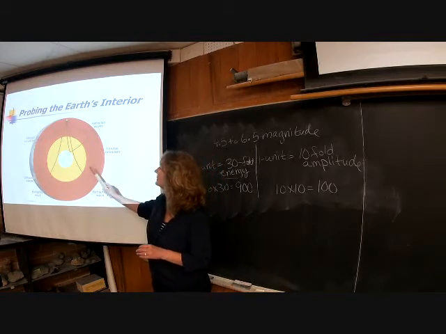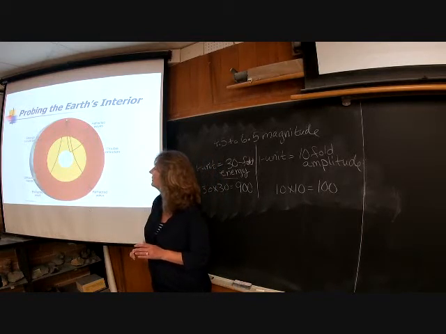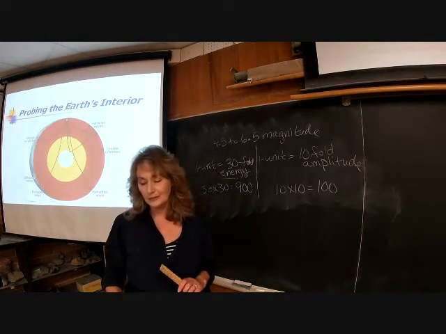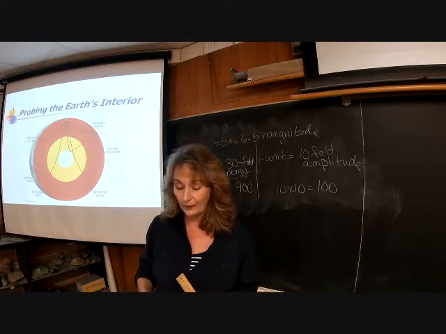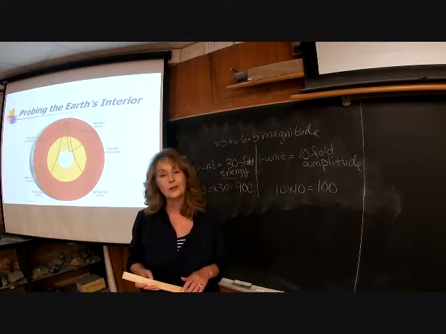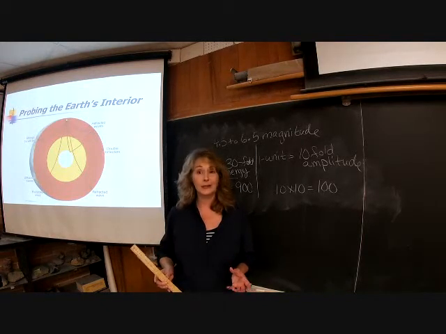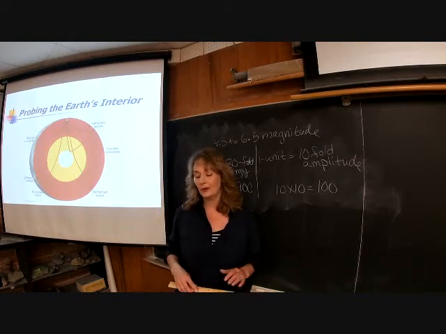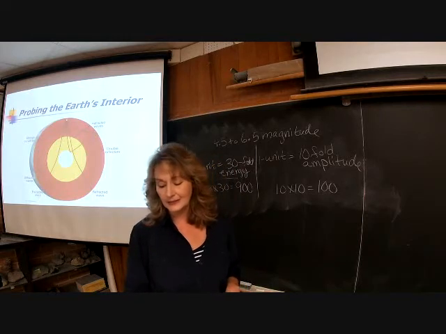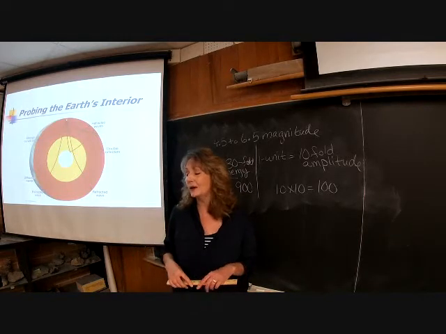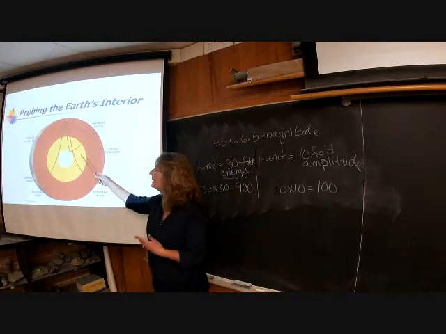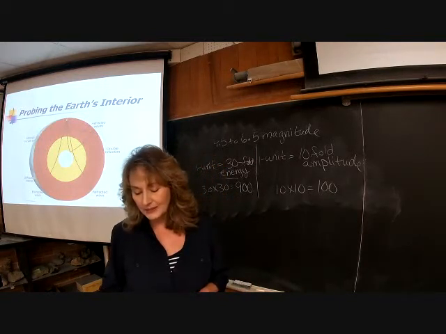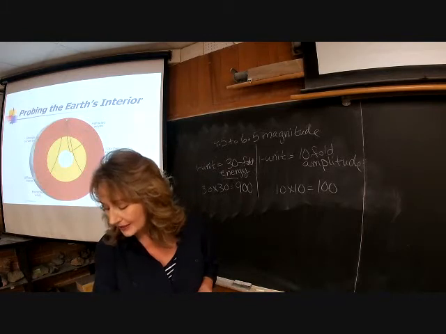So we do use seismic activity to probe the interior of the Earth. The outer core is thought to be liquid because the S waves stop at that point. P waves can go on through solids, liquids, and gases. Depending on what kind of material they're going through, they'll bend in a certain way, and so we can study the interior of the Earth using that.